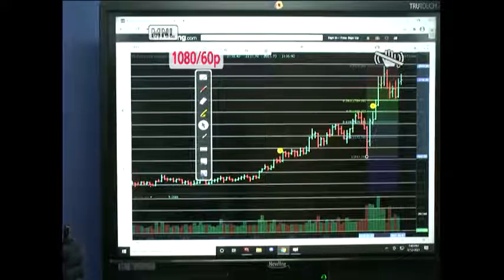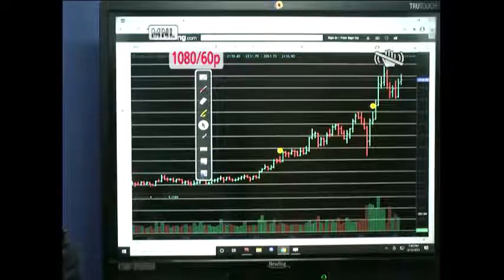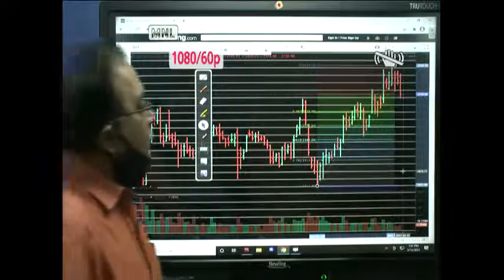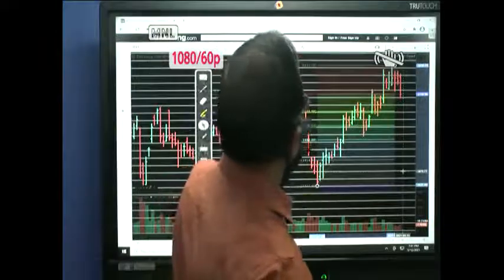So what are the dips to which we can buy? For that we look at the daily chart. Okay. Now from this particular low, we'll draw the Fibonacci. So we have support coming at 2080 now.